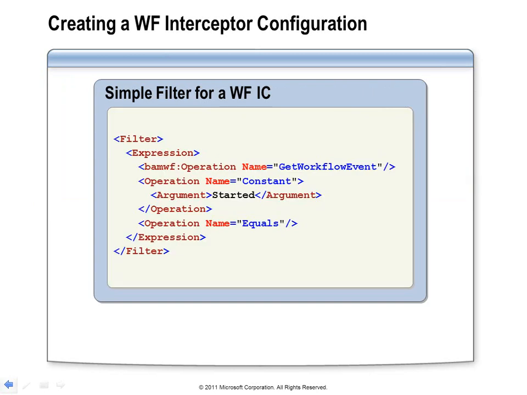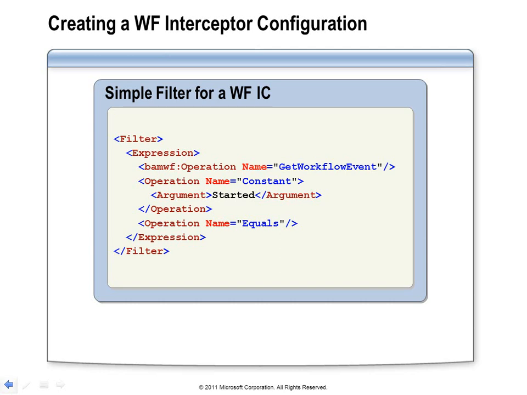So if we look at a simple example here of a filter, you can see we're applying a filter in an event. And we've said that the workflow operation name, we're using the get workflow event. And you can see we're also using an operation constant here to say started. So our filter is indicating that we're interested in an operation.